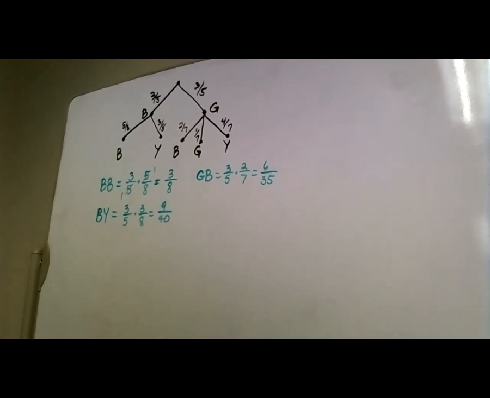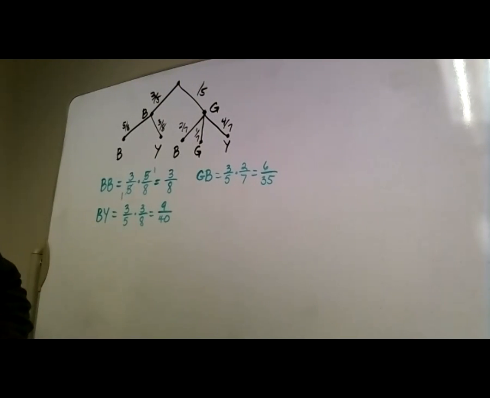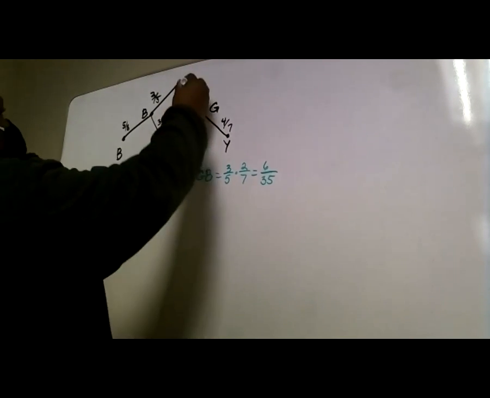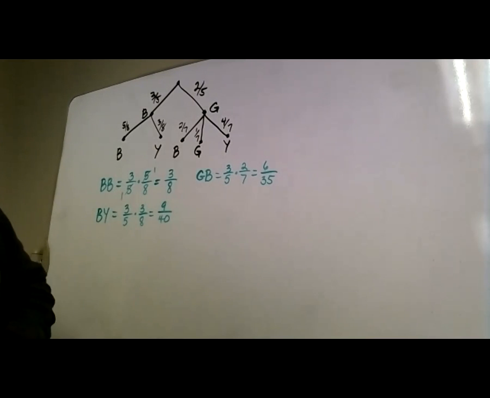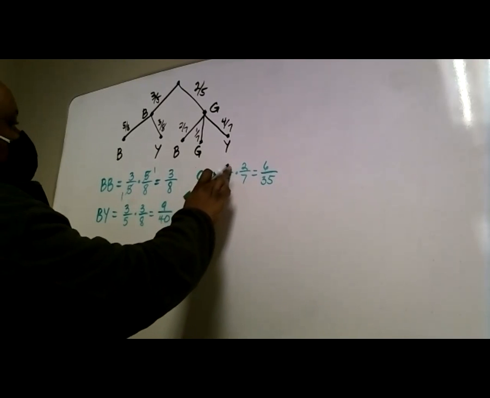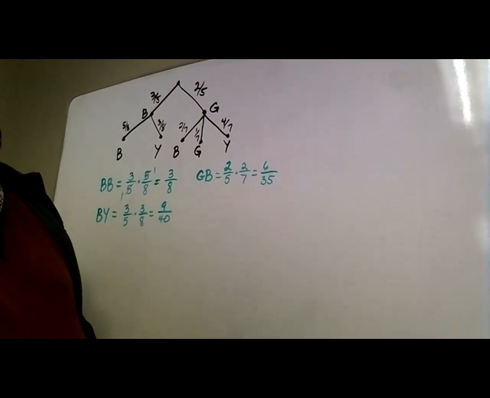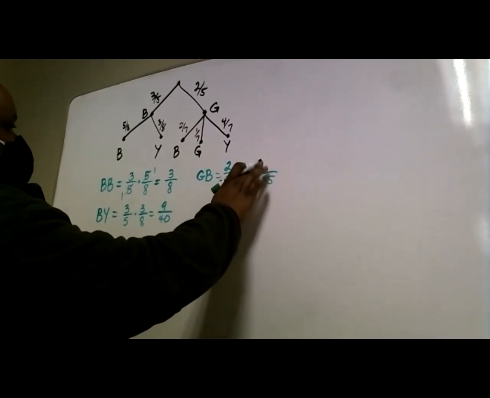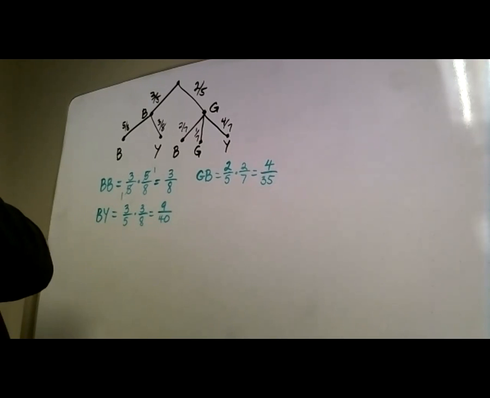Wait a minute. So I had 3/5. Oh, I'm sorry. No wonder, I copied it wrong. This should be 2/5. So this will be 2/5 times 2/7, which is, this will be 4/35. I apologize for that.